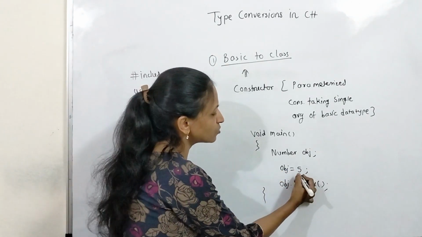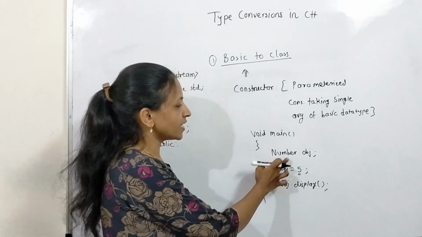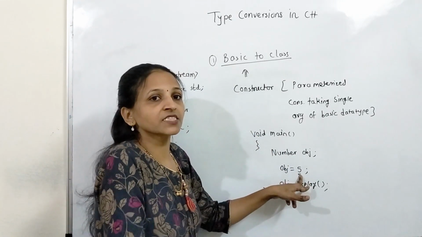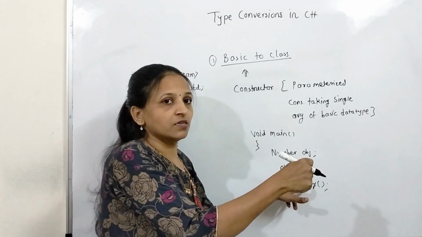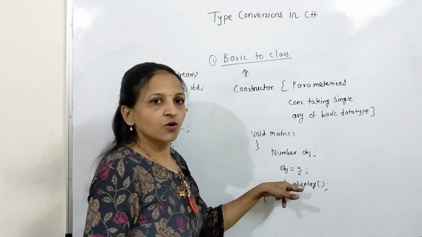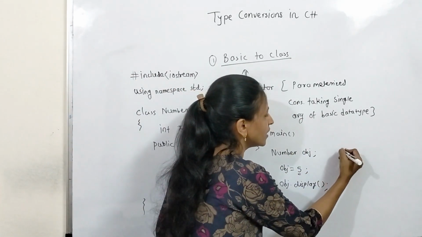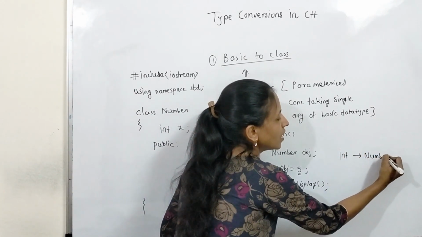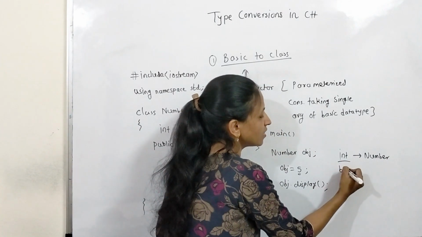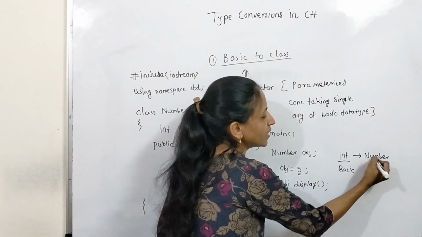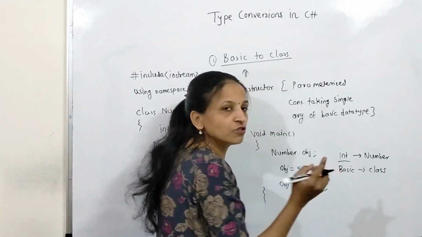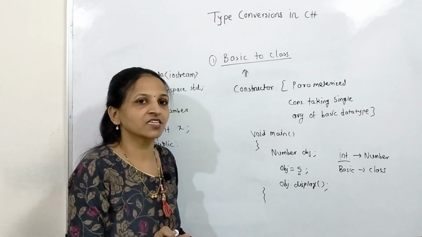Here this 5 is of type integer and this obj is of type Number. Means first this 5 should get converted to Number. Then only it is possible. Integer is nothing but a basic data type and Number is a class data type. Means basic to class type conversion is needed here.